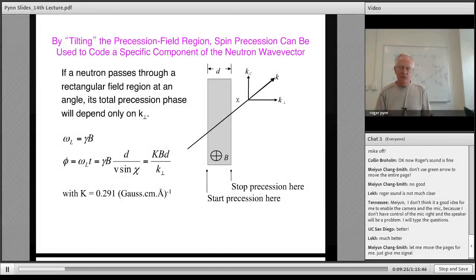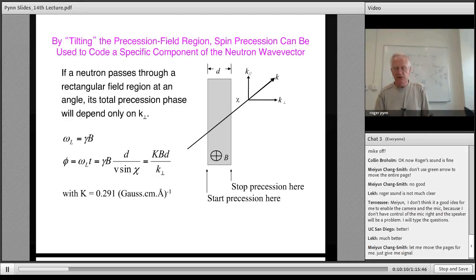Now the Larmor precession frequency doesn't change with any of this. It's still the same gamma times the magnetic field, but the total Larmor phase, the total number of turns, if you like, or the total number of radians of turn, is still given by omega L times the time that the neutron spends in this field. But now the time that the neutron spends is given by this d, the distance between the two borders of the field, divided by the component of the velocity in this direction, which is its actual velocity times the sine of this chi value.